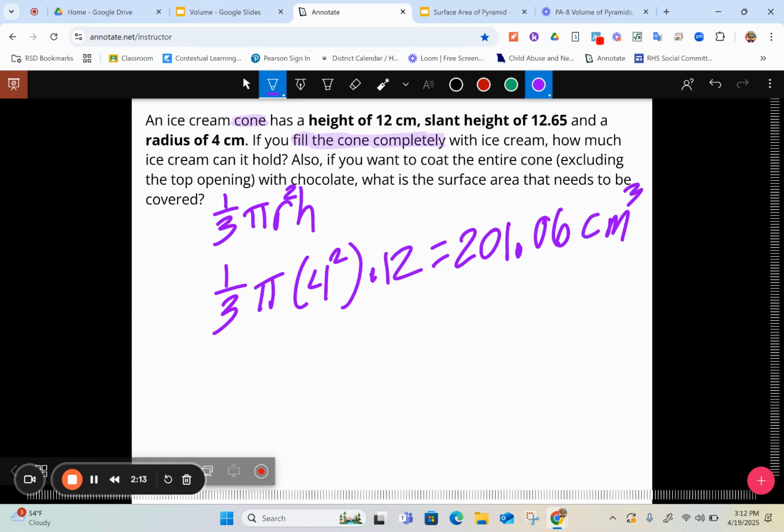So about 201 cubic centimeters is how much ice cream it will hold.